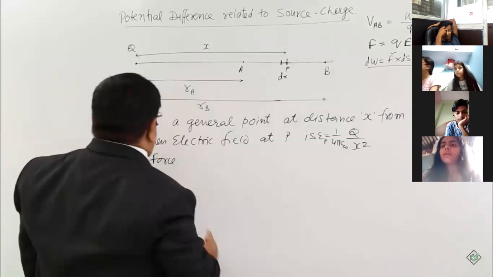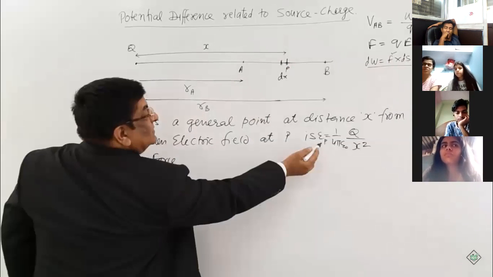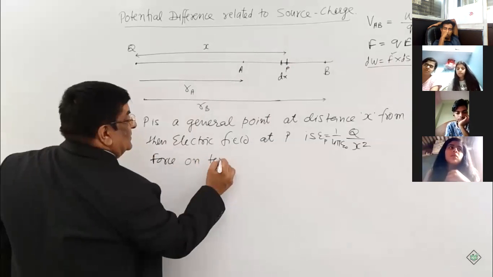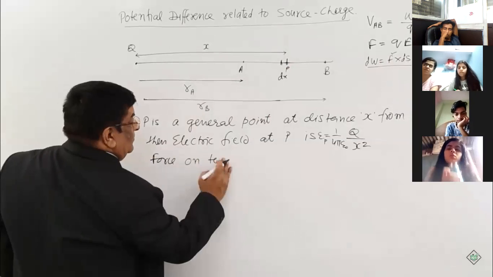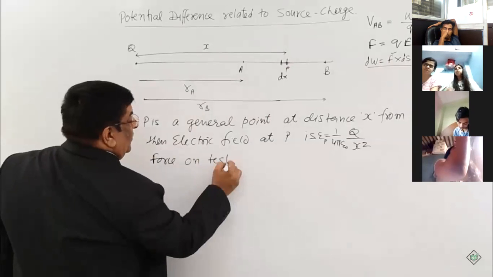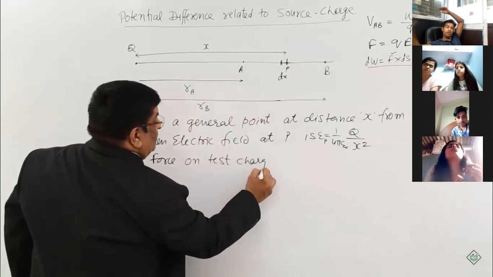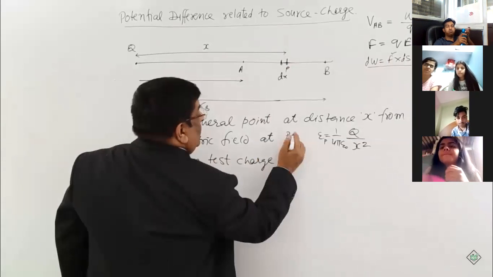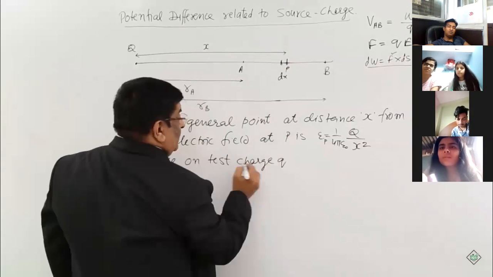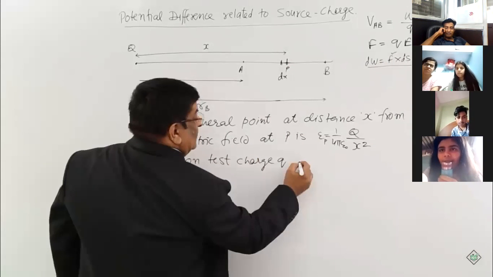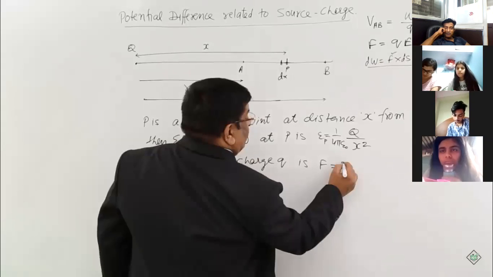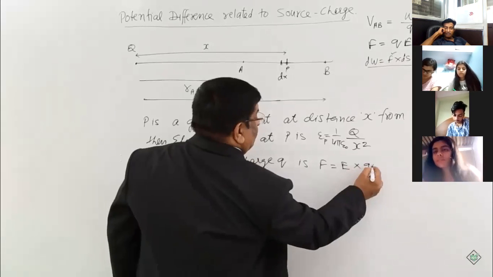Okay, then this is electric field, force on test charge Q. Force on test charge Q is F is equal to electric field multiplied by charge.